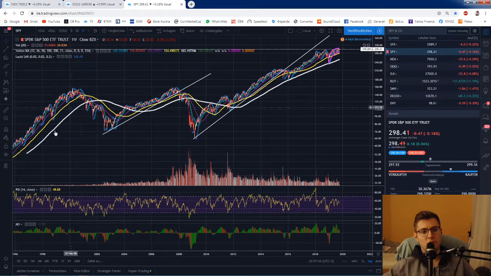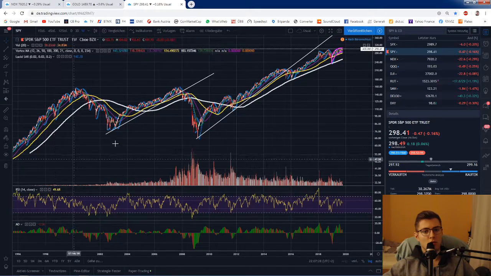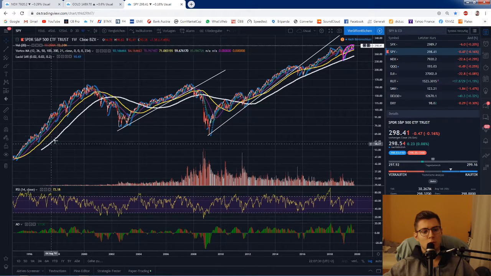You can see rather clearly how maintaining the 100 weekly moving average was quite critical in the past for maintaining uptrends or getting into rather serious downtrends or recessions.